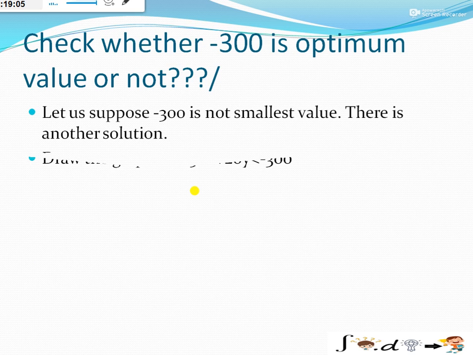There is another solution. And now we have to draw the graph for minus 50x plus 20y is less than minus 300. And this value, minus 50x plus 20y, this is the z.